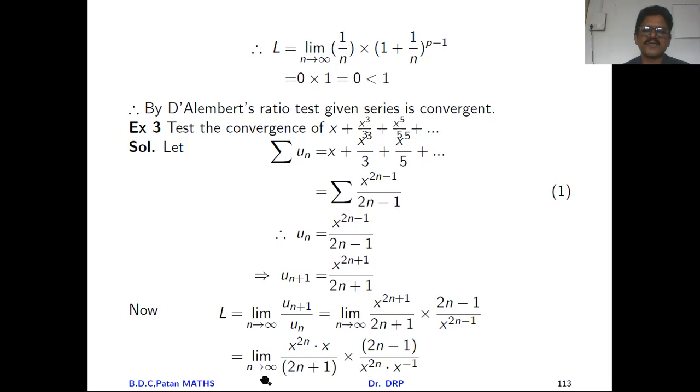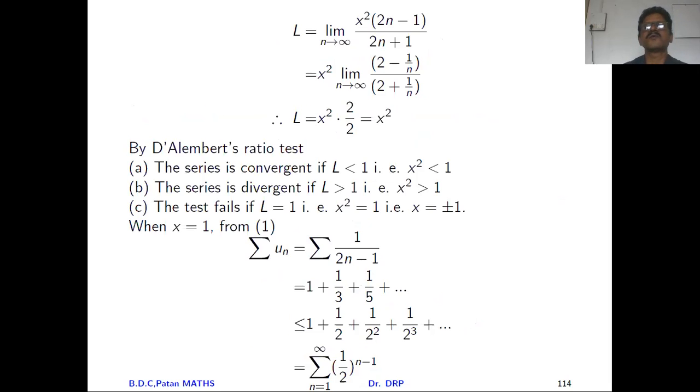So further, this can be written as the limit as n tends to infinity of x to the power 2n into x divided by 2n plus 1, into 2n minus 1 divided by x to the power 2n into x raised to minus 1. Further, x to the power 2n gets cancelled. This x raised to minus 1 we can write in the numerator as x square. So the next step we will get L equals the limit as n tends to infinity of x square into 2n minus 1 divided by 2n plus 1.